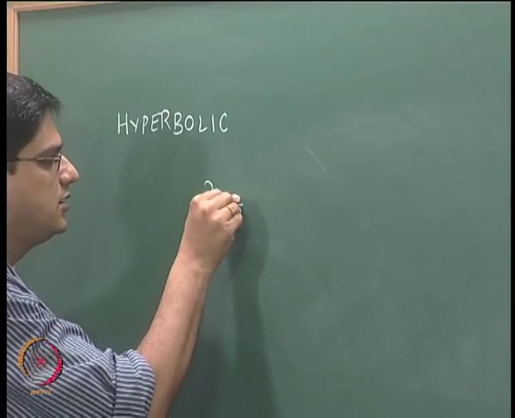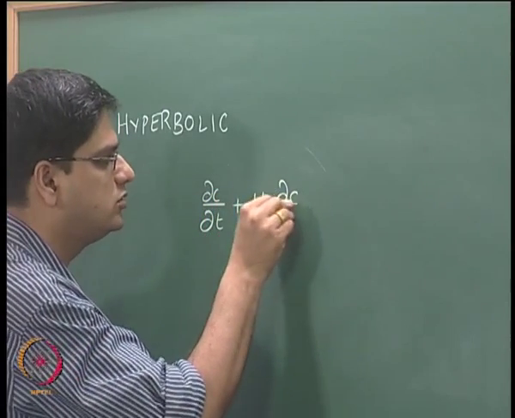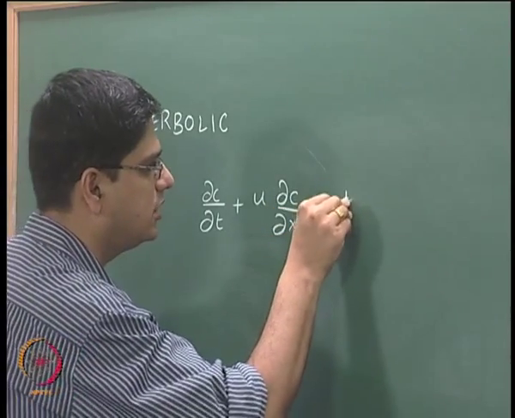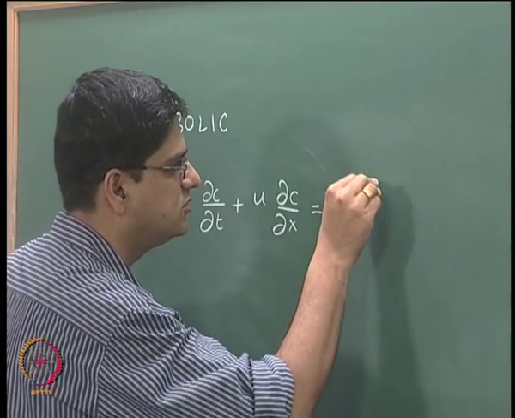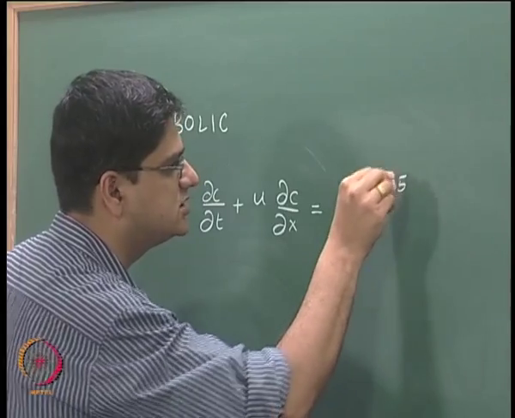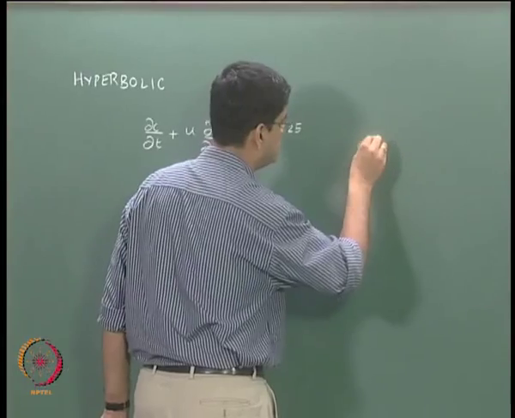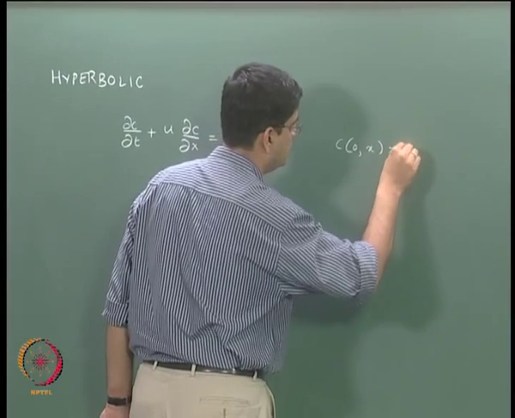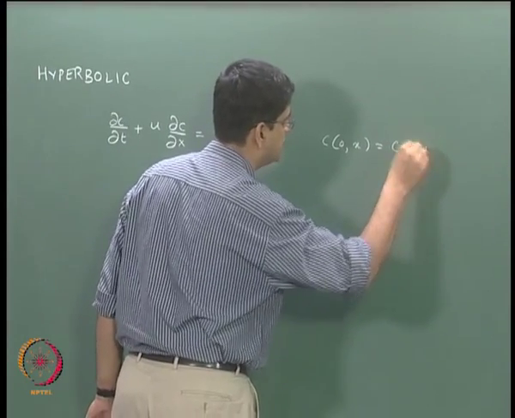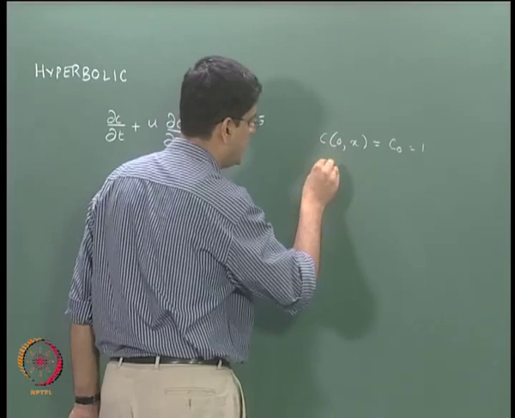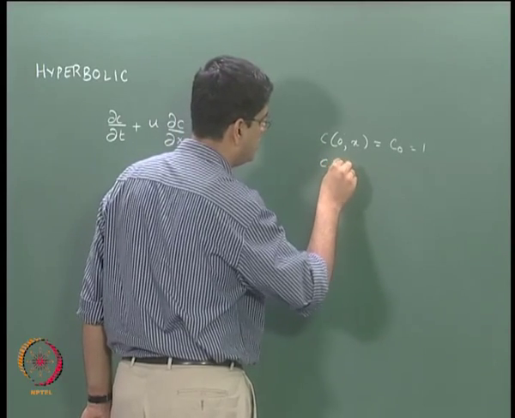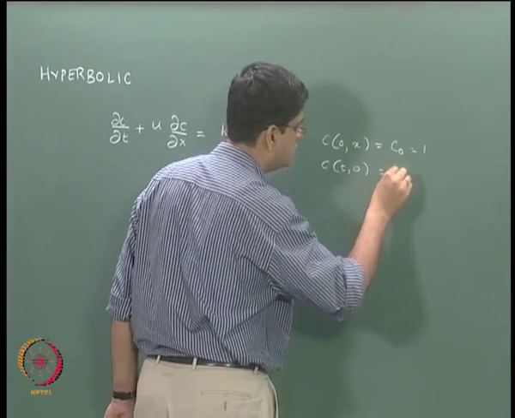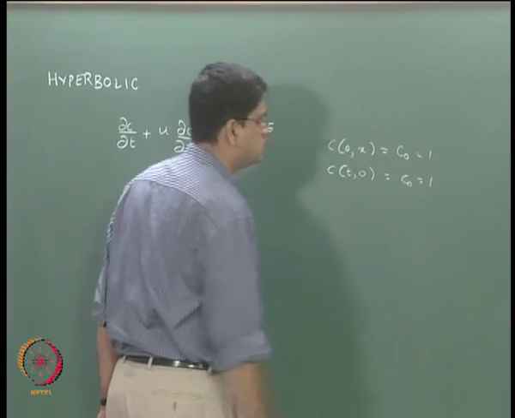by dt plus u dc by dx equal to k multiplied by c to the power 1.25, starting with c at time 0 and at all locations equal to some value c0, and that c0 we have taken as 1, and c at all times at location x equal to 0 is also equal to c0.